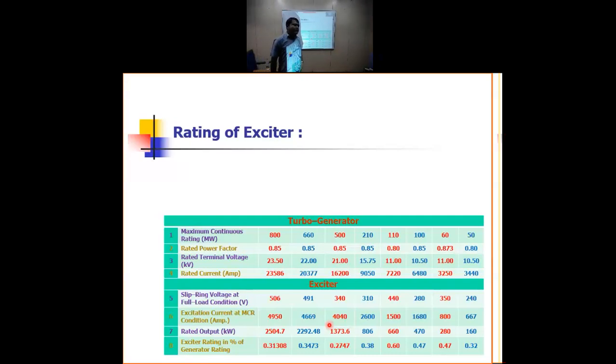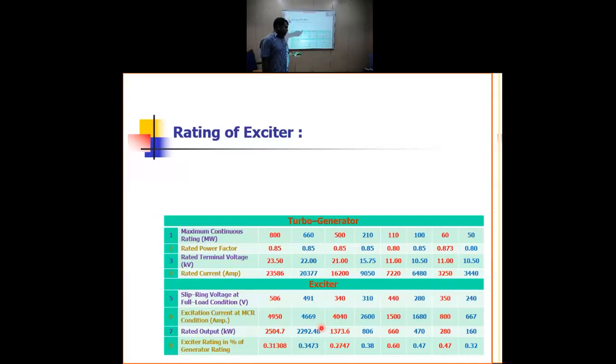You know that by making more current flow, the magnetic field can be made stronger. The magnetic field will be strong if we make more current flow. So to create the required magnetic field, we emphasize current rather than voltage. That's why voltage is less and current is more in the field structure.